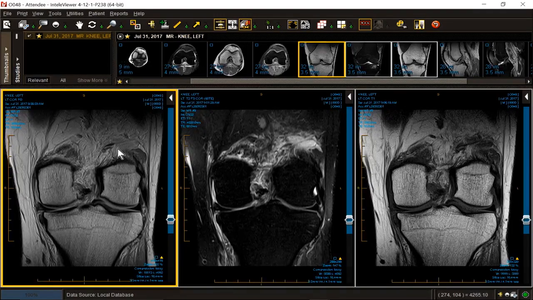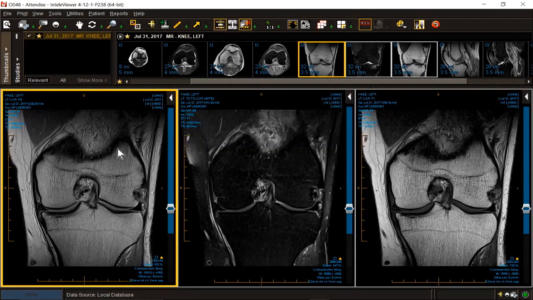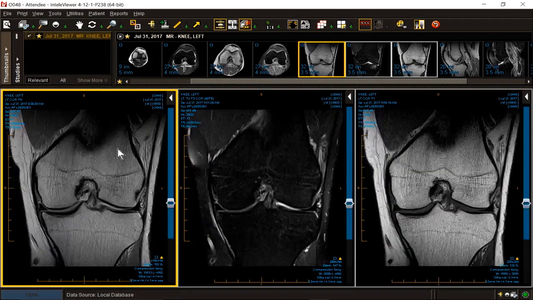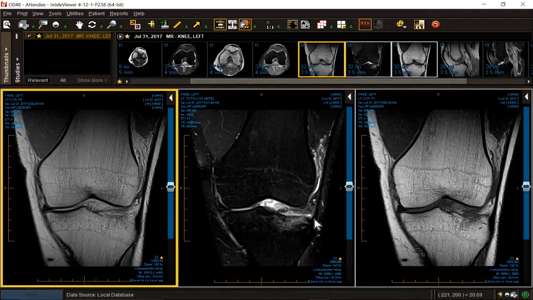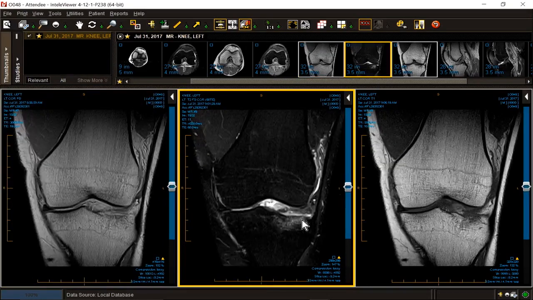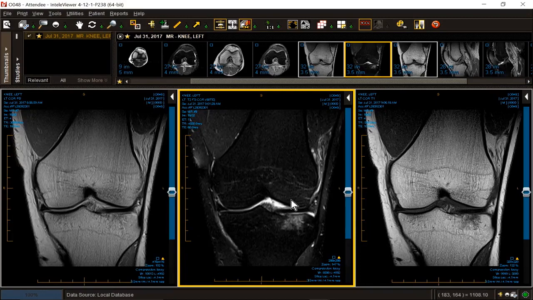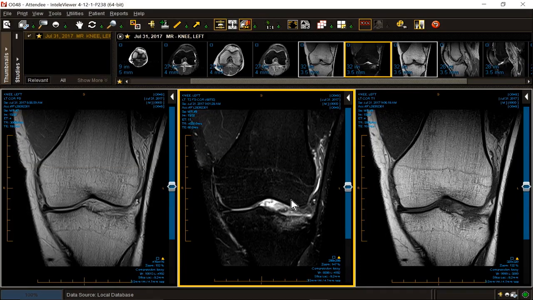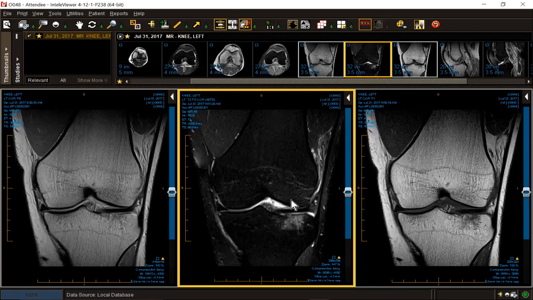So what do we think the mechanism of injury is here? There's a lot of anterior bone involvement in the tibia. There's not a kissing lesion on the femoral side, so the choices are hyperextension or direct blow from the front.